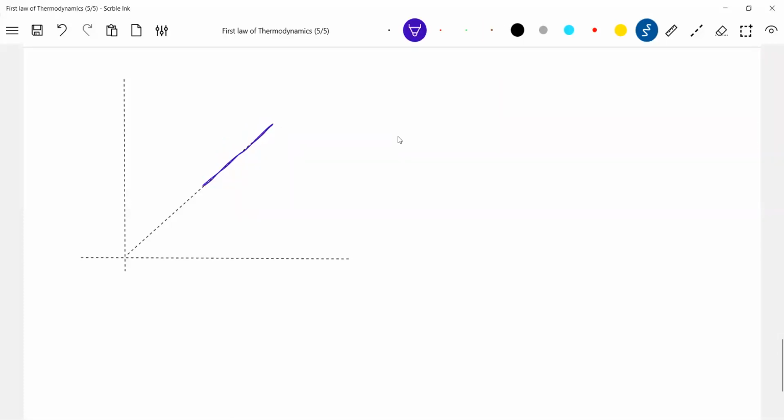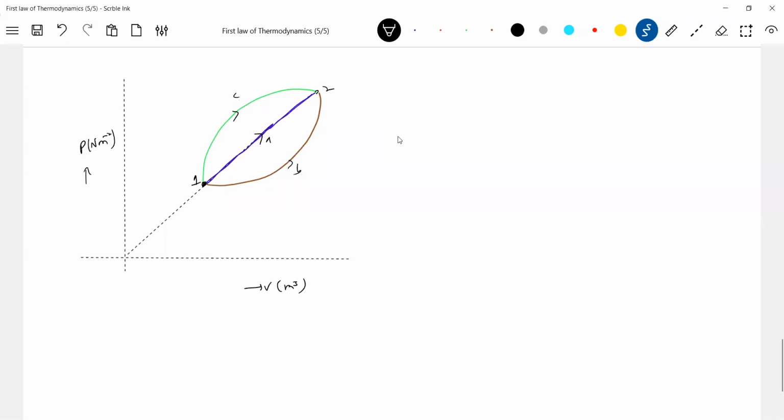Let me draw bigger lines. Okay, now we have pressure and volume. So there's a path A, B, and C, and a state 1, 2.